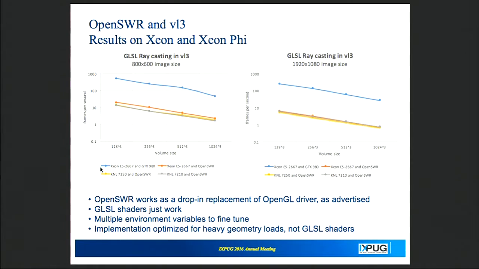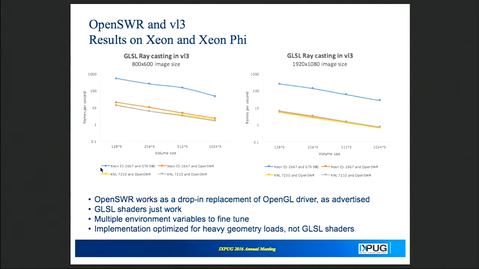Frames per second is a usual metric in graphics. If you can achieve something like 30 frames per second, that means your visualization is interactive, something that is highly desirable. There are two curves, two charts here. One is at 800 by 600 resolution, and the second is 1080p. So there are more pixels and more rays to cast, which means performance should go down a little bit on the second chart, and that's what we're observing.